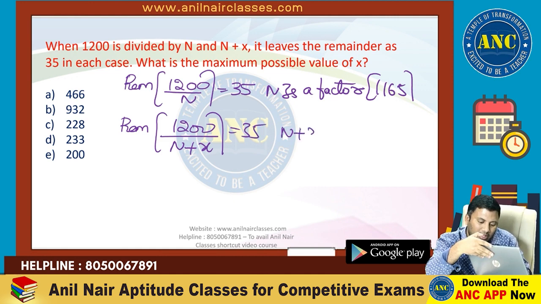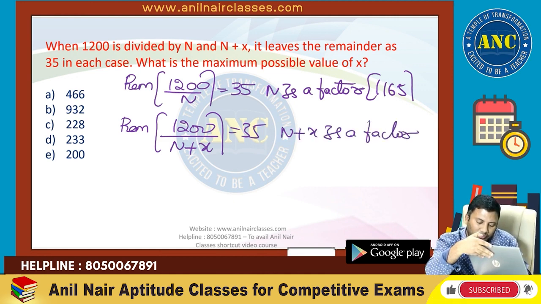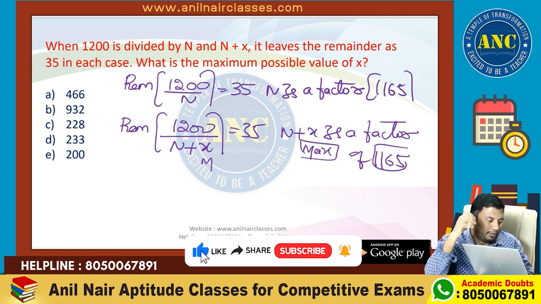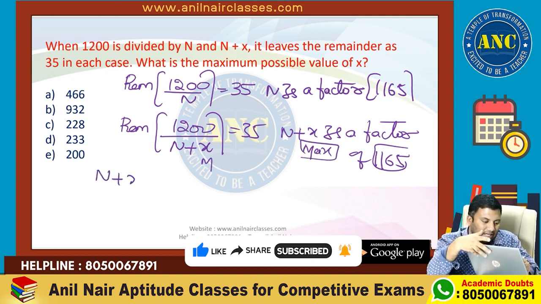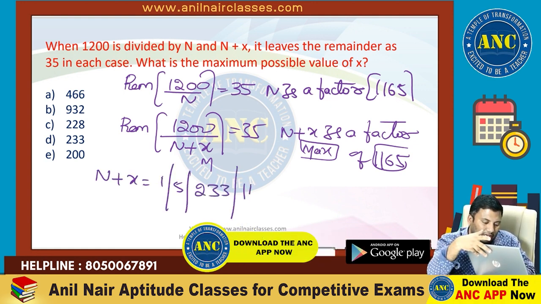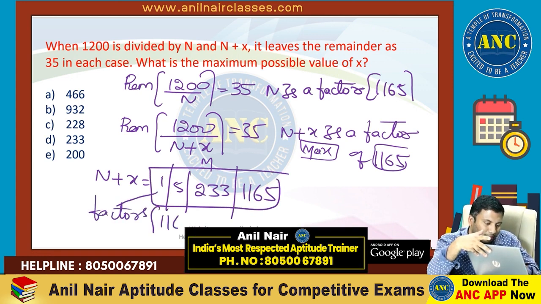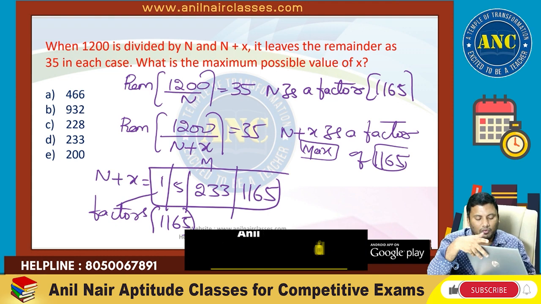That means n plus x is also a factor of 1165. I want the maximum possible value. n plus x can take either 1 or 5 or 233 or 1165. These are all the factors of 1165.